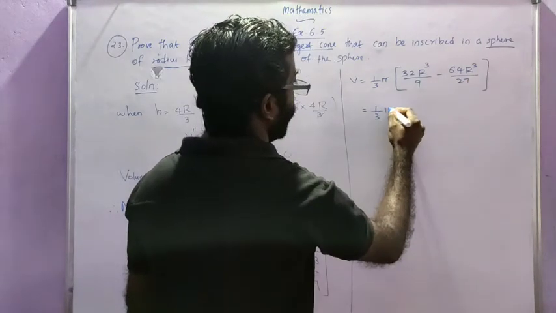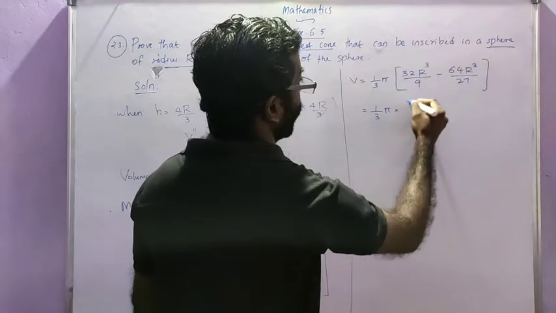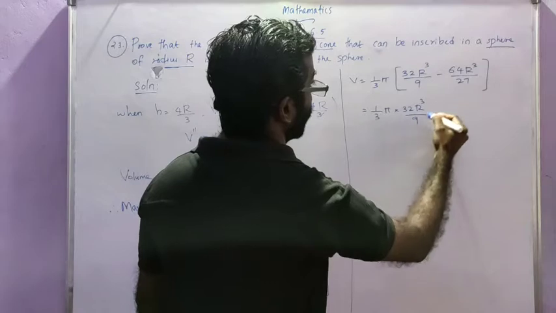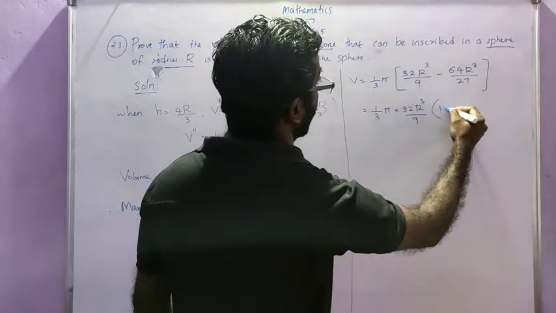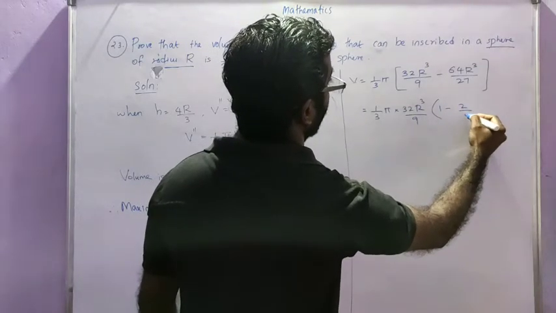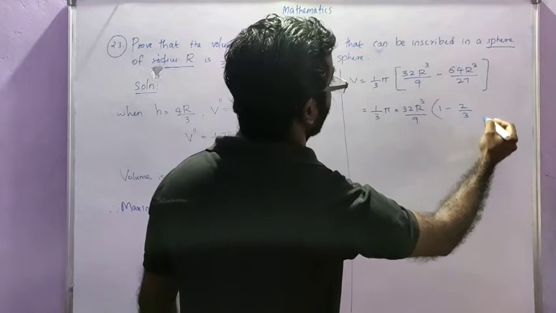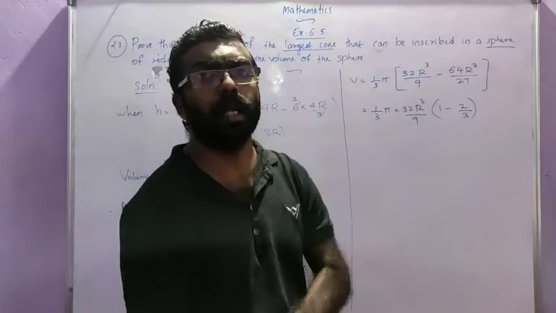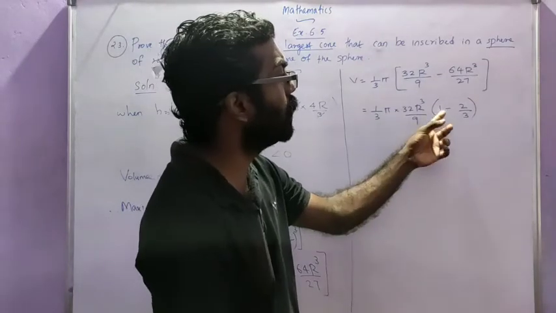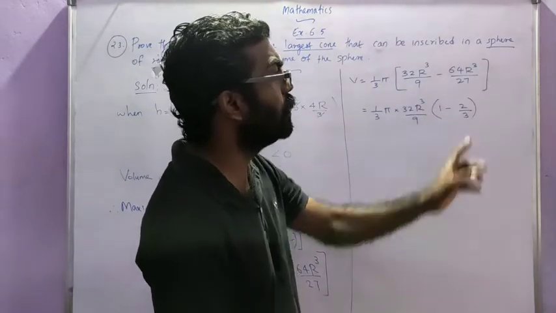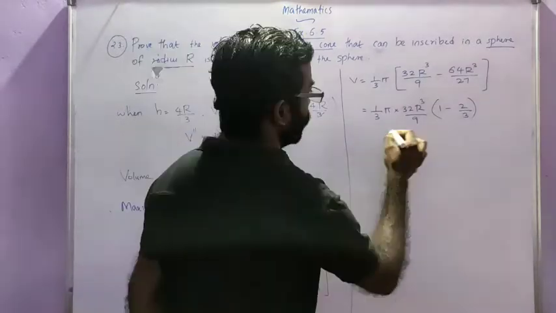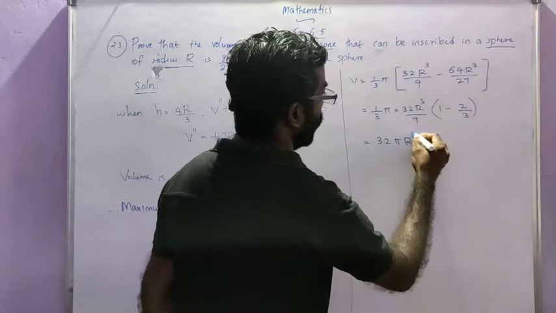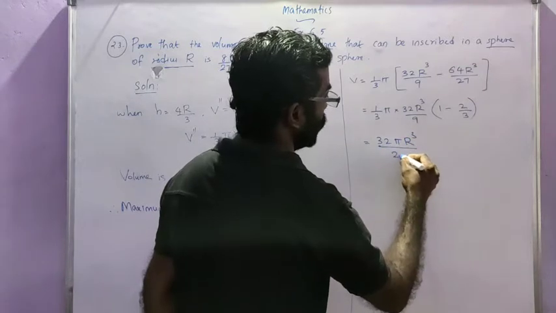Here we can take 32R cube by 9 common. The remaining is 1 minus 2 by 3. So this can be written as 32 pi R cube by 27.